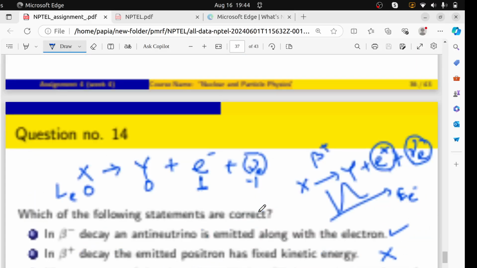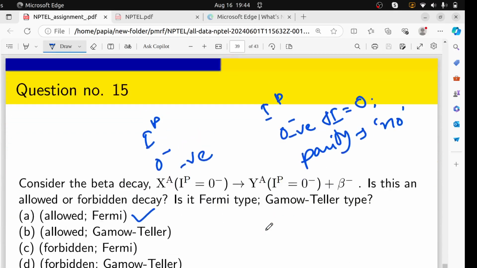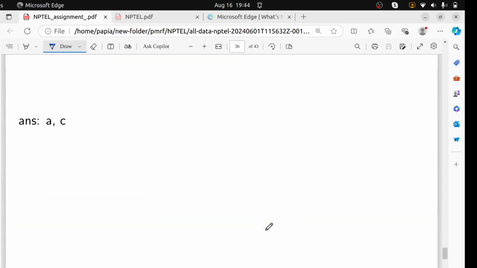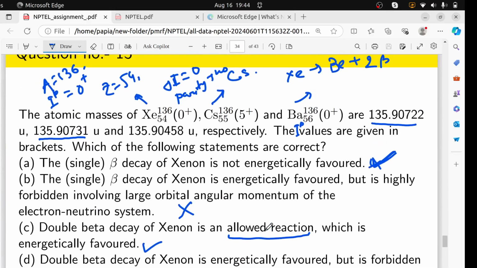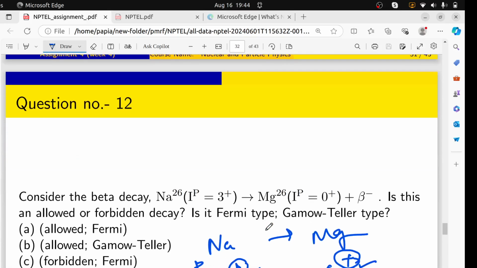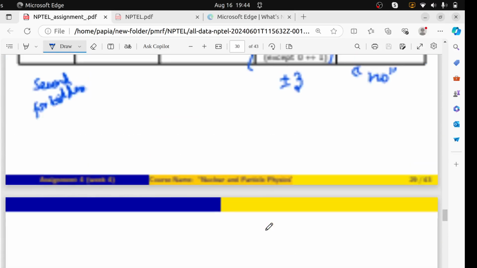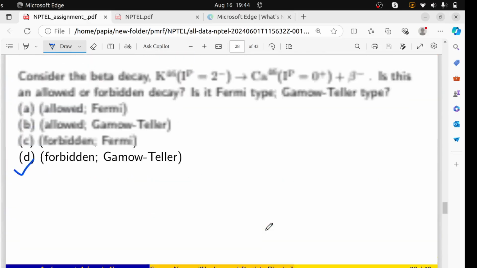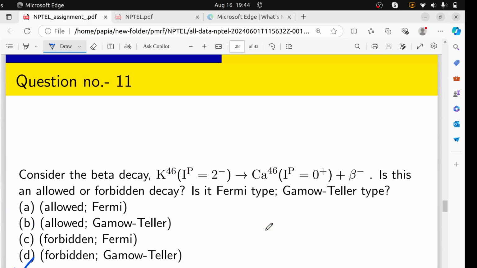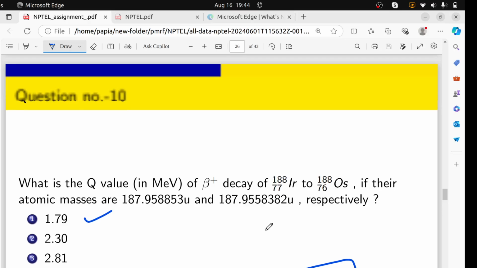This is 14th. This is 13. This is 12. This is 11. This is 10.